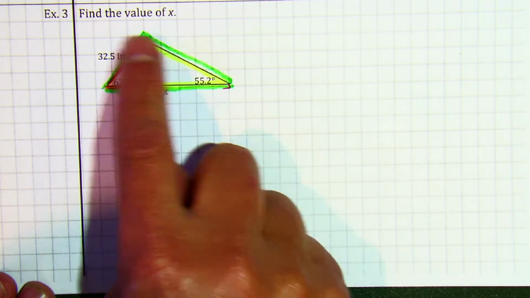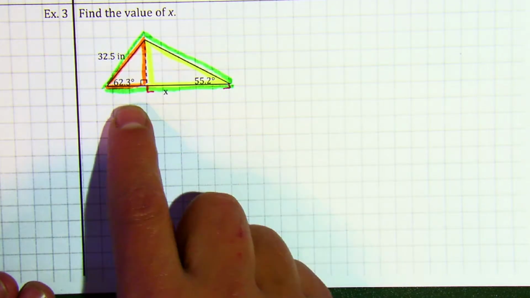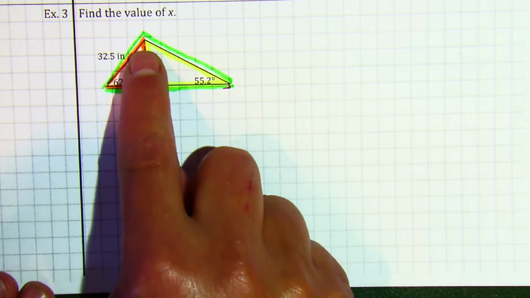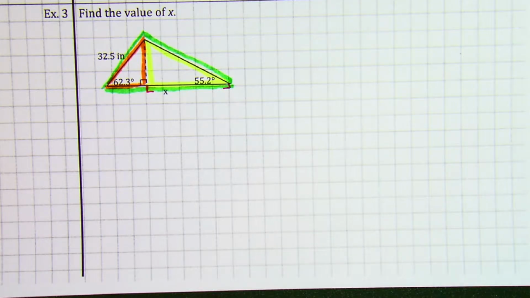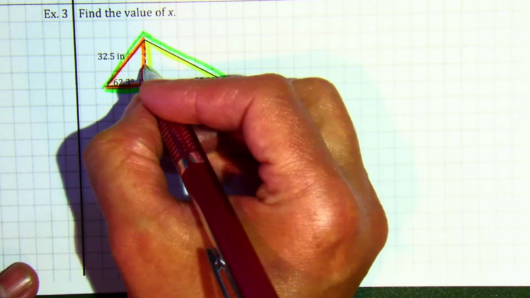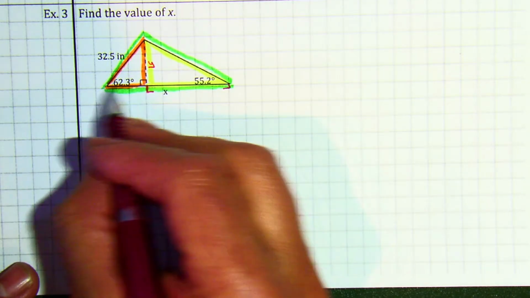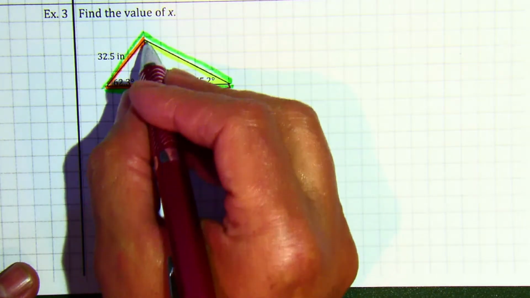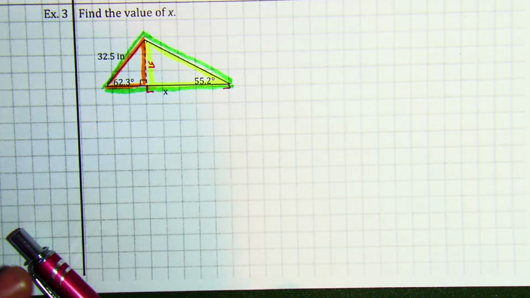But the problem with the larger triangle is that 90 degrees plus 62 plus 55, that is not a 90-degree angle. So therefore, we're not able to use the green triangle with SOHCAHTOA, because for SOHCAHTOA, you must have a right triangle. So therefore, we are going to use the orange triangle to find, I'm going to label as y. And once we have y, because they both have it in common, we know that we can find x afterwards. So that'll be our game plan.